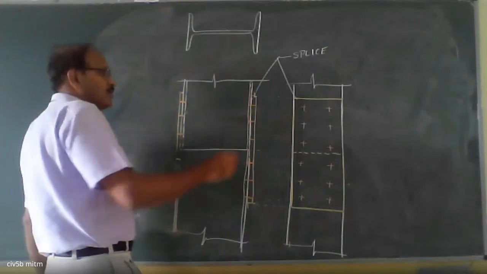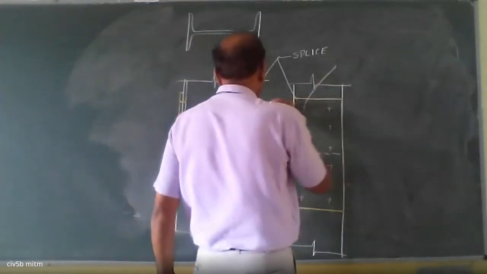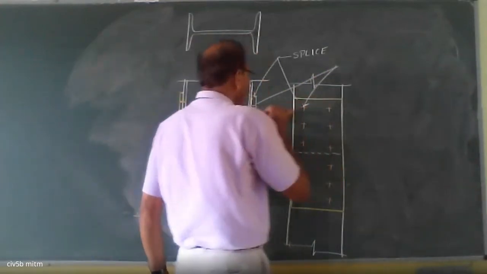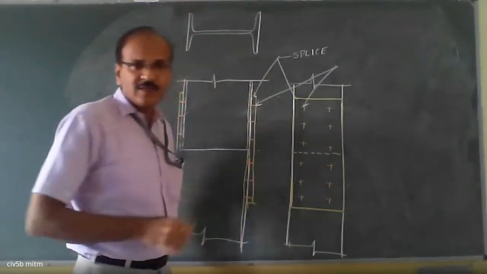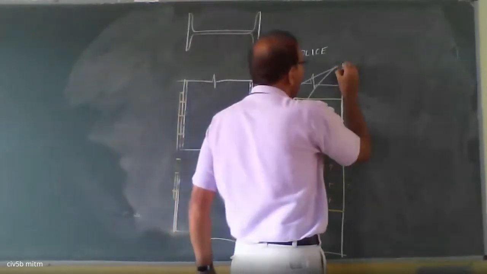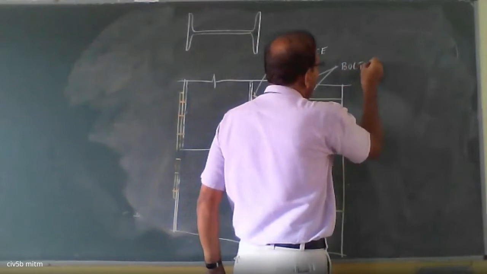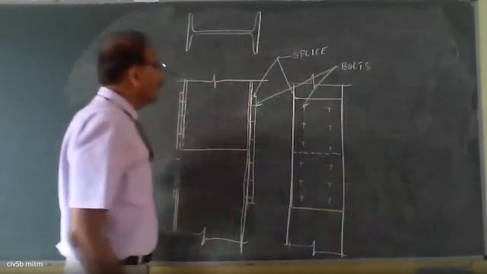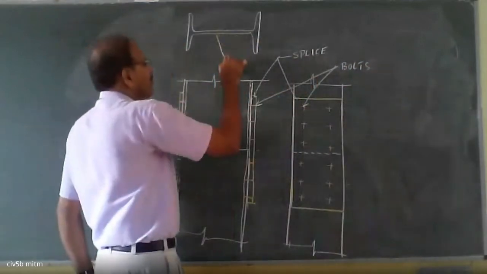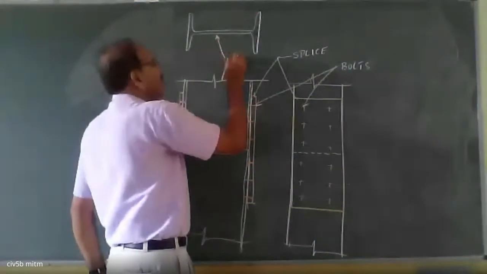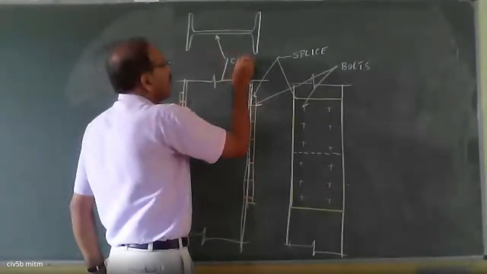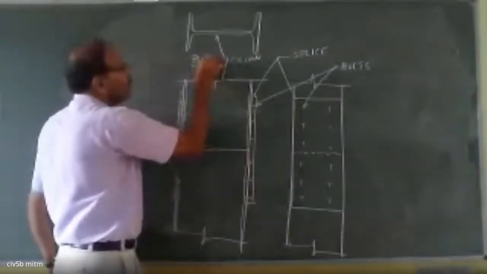These are boards of certain diameter. We don't know unless we design it. Okay, this is the column. This is the plan.